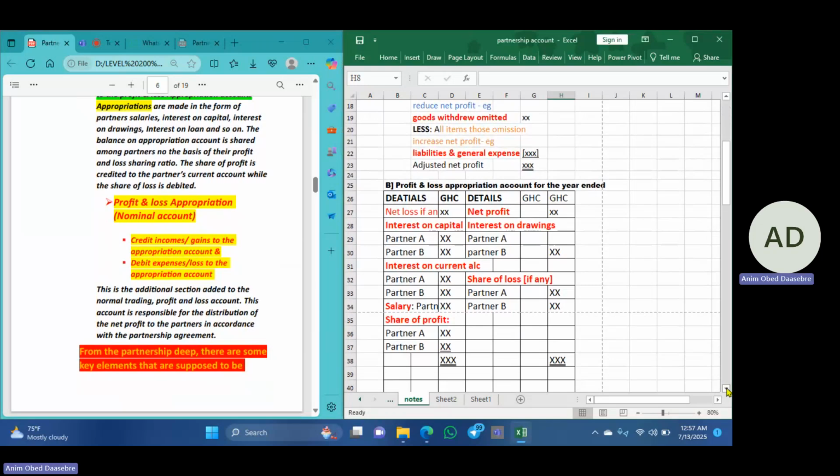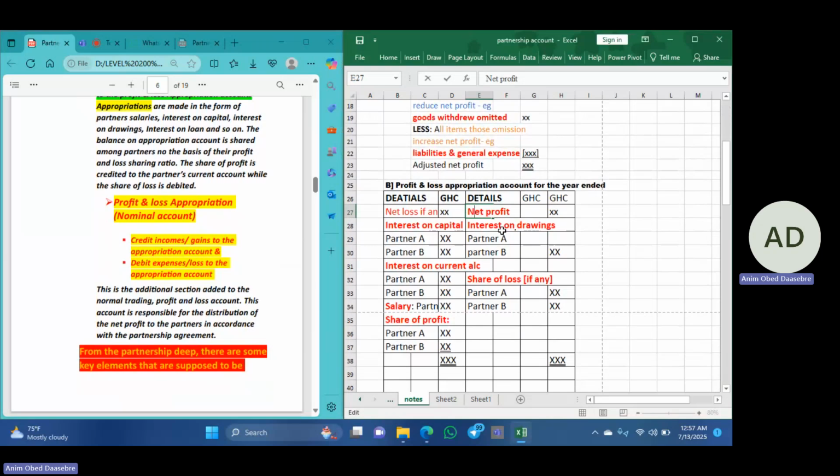It is this account that you are going to use to share the profit among the partners involved in the business. So first, we will bring forward the adjusted net profit, by crediting it to the appropriation account.